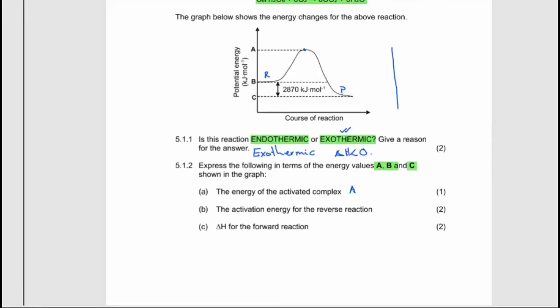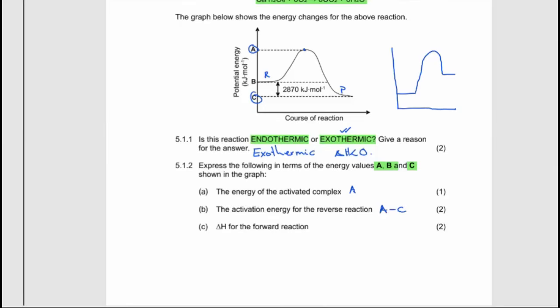A reverse reaction is like a mirror of this one. So our products are now at the bottom, becoming our reactants, and our reactants are now our products. So the activation energy of the reverse reaction is going to be from A until C. So our answer is A until C.